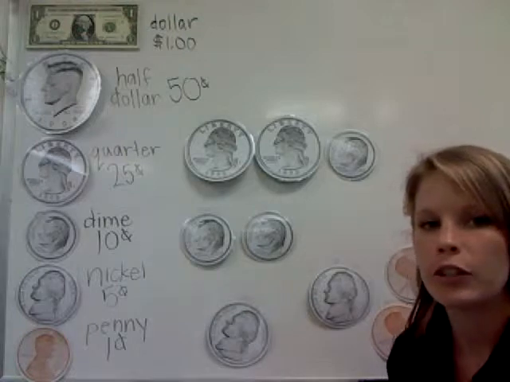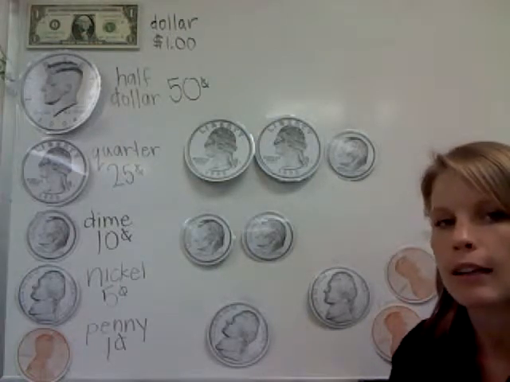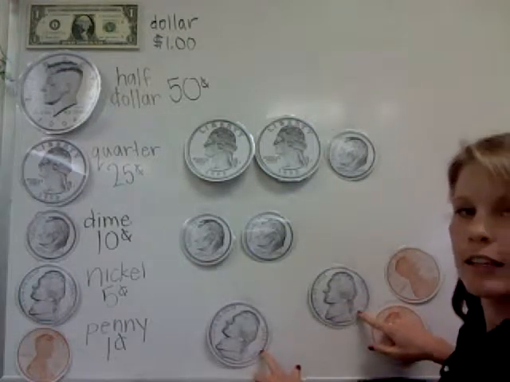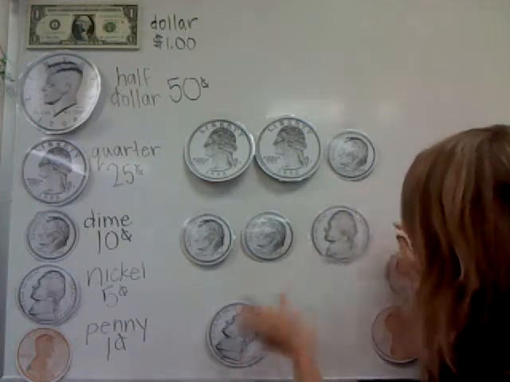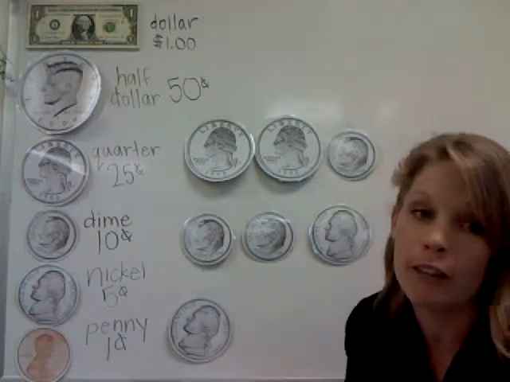Okay, next, we have two coins left. Two different coins. Which one would be next? If you pointed to the nickel, you got it. Pat yourself on the back. And the only thing we have left are our pennies.